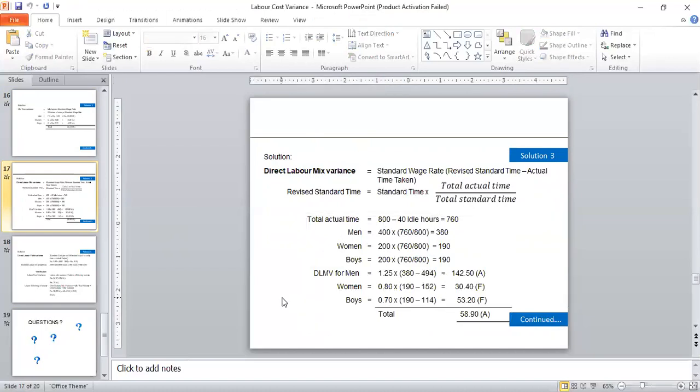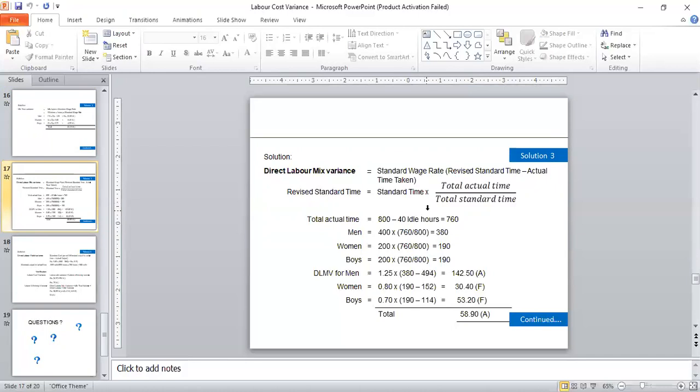for the purpose of production. Means we have 2 hours of idle time. For men, 10 men and 2 hours is equal to 20 hours of idle time. For 5 women and 2 hours of idle time, it means 10 hours of women's idle time.